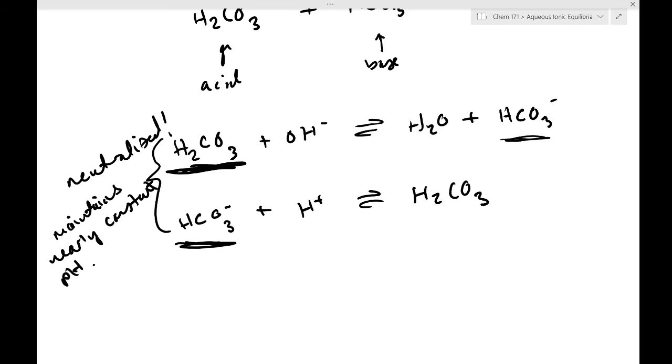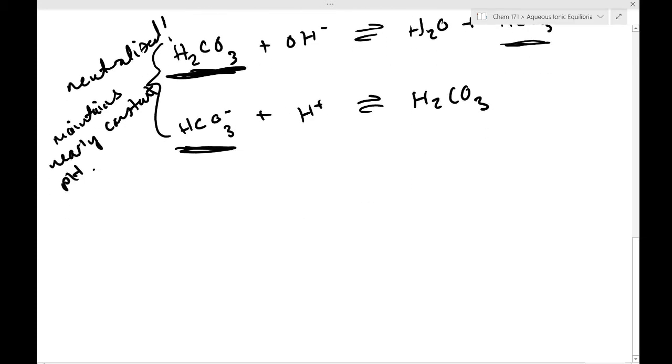However, this does not act as a buffered solution. A buffered solution needs two different sources of both the weak acid and the conjugate base, or the weak base and the conjugate acid.